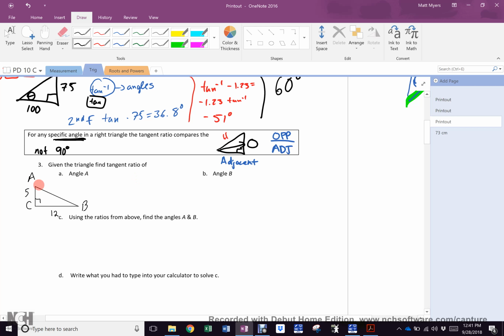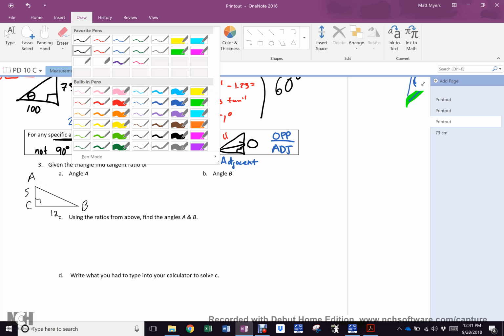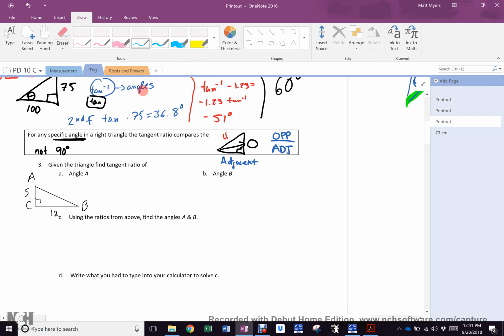When you've done A, do B. I will wait 10 more seconds, and I will ask for brave volunteers. Wait till I get to 10 seconds, Jasleen. 0. Jasleen.